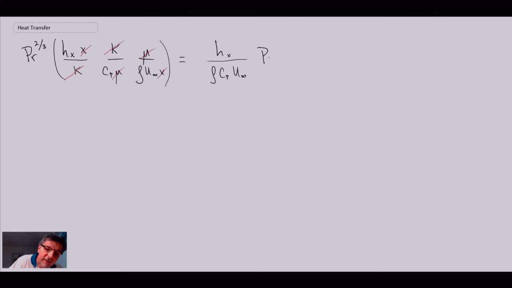So we will keep it here. And then on the right-hand side, we had 0.332 Re_x to the minus 1/2. So what we can do, we're going to introduce a new non-dimensional number, and that is referred to as being the Stanton number. And that is right here.